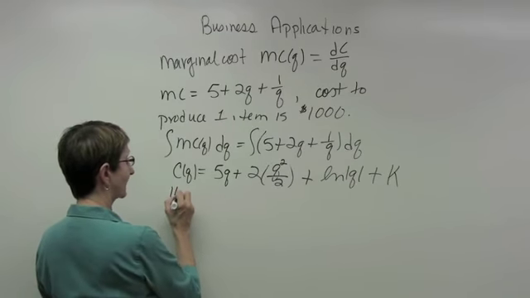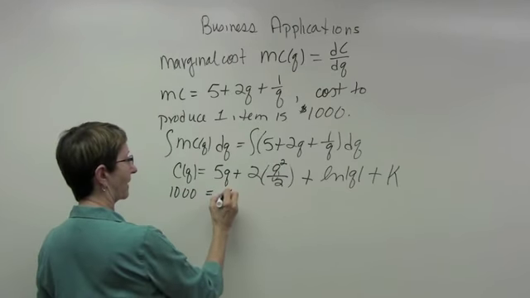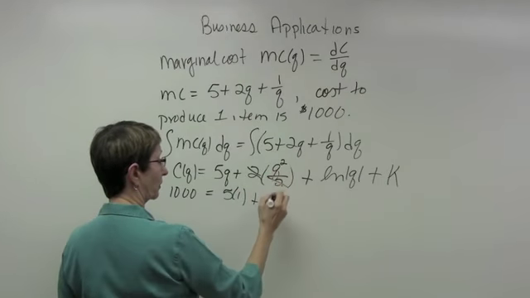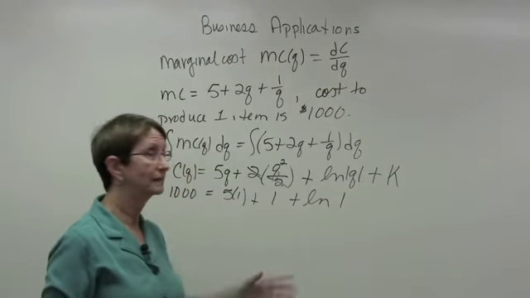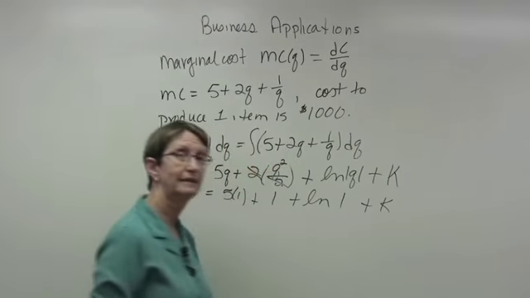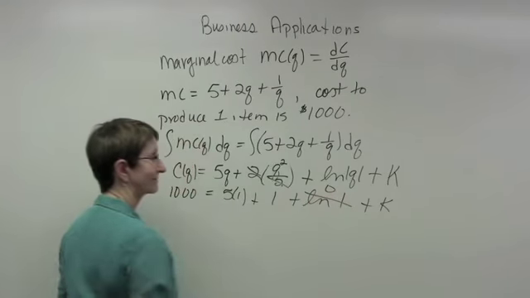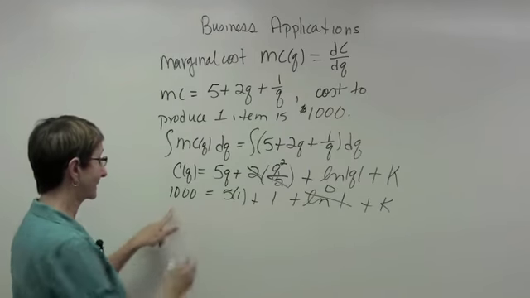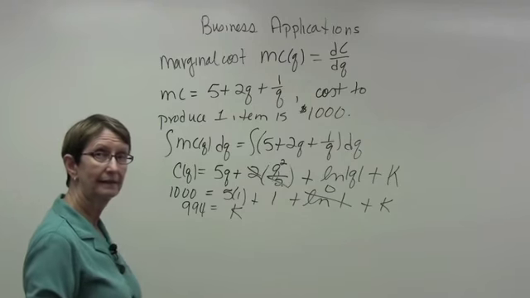So C of 1 is 1,000 equal to 5 times 1 is 5, plus, my 2's are going to cancel, 1 squared is 1, plus natural log of 1, plus K. Natural log of 1 is equal to 0. You may not remember that. 5 and 1 is 6. I subtract 6, I get 994 equal to K.